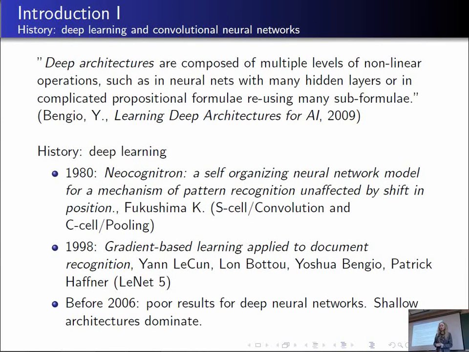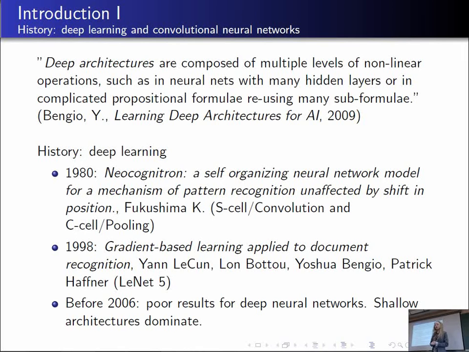First of all, what are deep architectures? These are architectures that are combining different levels of non-linearities, and convolutional neural networks are part of deep architectures. The first milestone in that research is the neocognitron paper from Fukushima.